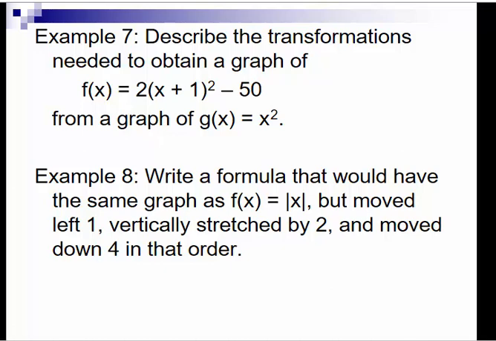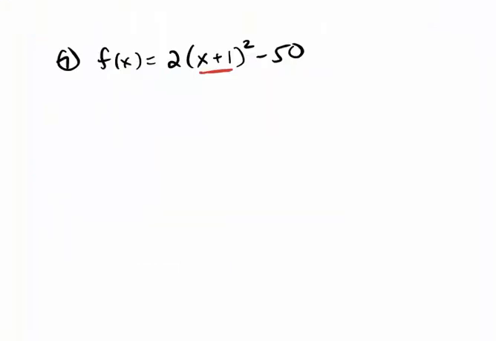Okay, so if we want to list the transformations, first on the inside we've got an x plus 1. Sorry, let me switch screens here. On the inside we've got an x plus 1, so that would be a horizontal shift. The plus, we'll move it to the left 1.